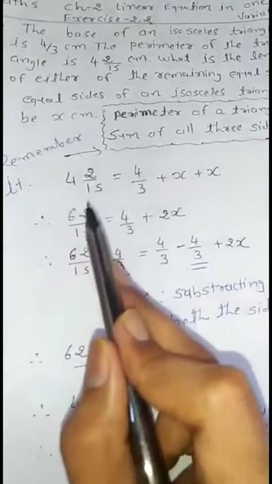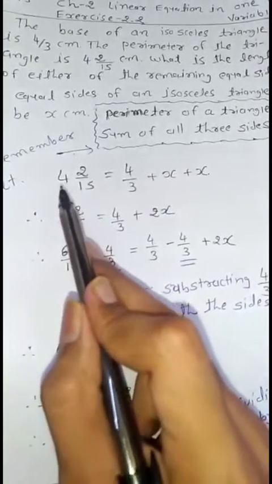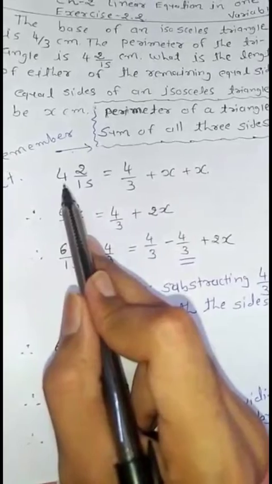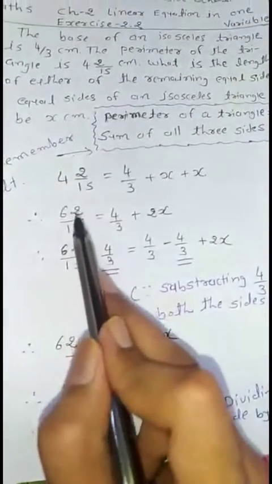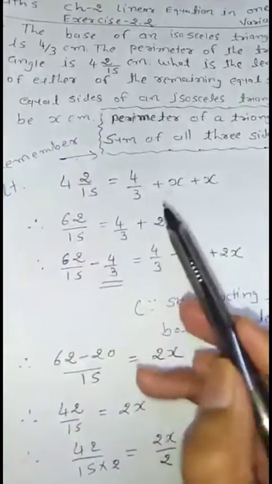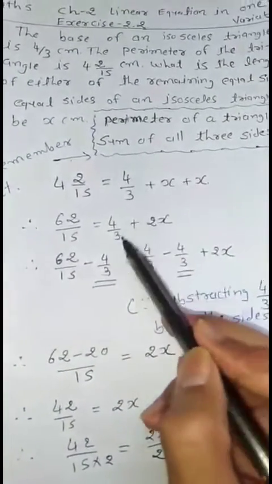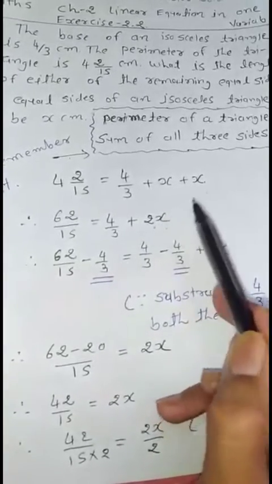Then I simplified this form: 15 multiplied by 4 gives 60, 60 plus 2 is 62 upon 15. On the other side, 4 upon 3 plus 2x, since x plus x is 2x.